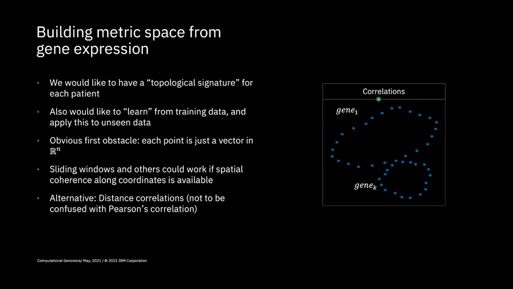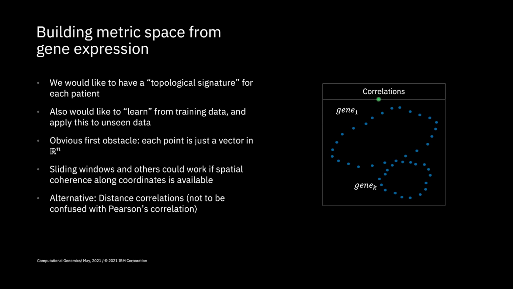So then what we thought of using was distance correlations, which has slightly different information than Pearson's correlation, in that it measures nonlinear associations, and it has some good properties that it's good to have. Okay.